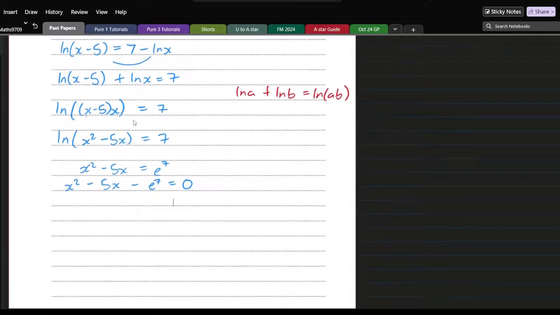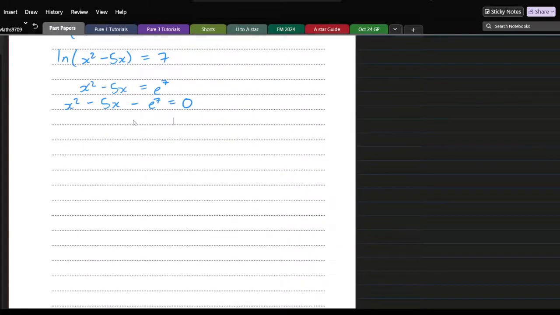And this here is a 3-term quadratic, so we can use the quadratic formula to solve our quadratic. x is equal to minus b, so that's 5, plus or minus the square root of 5 squared minus 4 times a, which is 1, times c, which is negative e to the 7, and this is all over 2 times a, so 2 times 1.